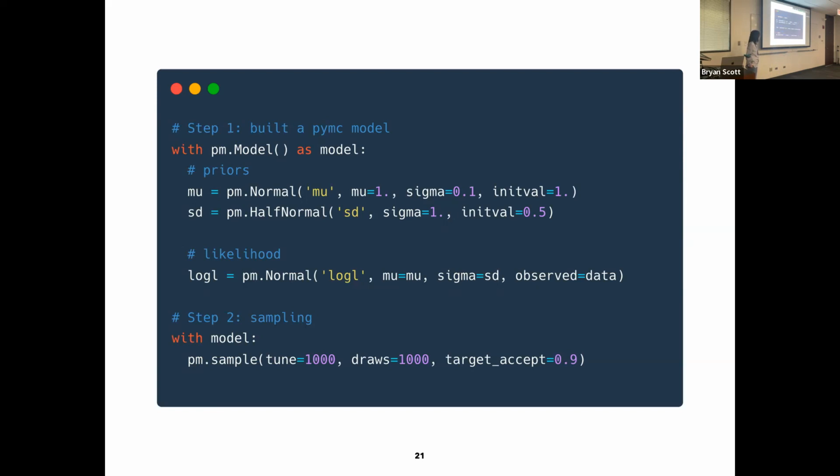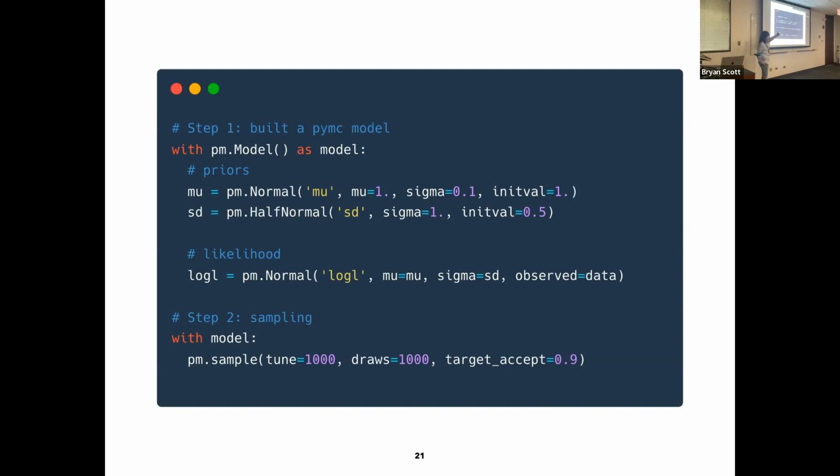Then you describe the location, mu equal to 1, and the uncertainty, sigma equal to 0.1.